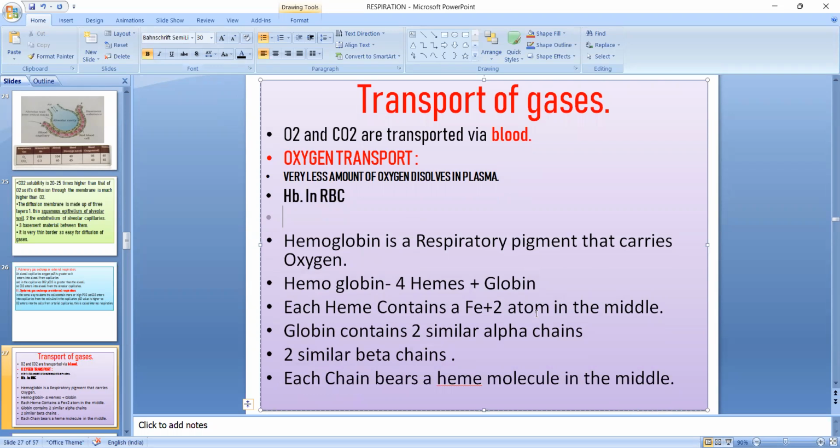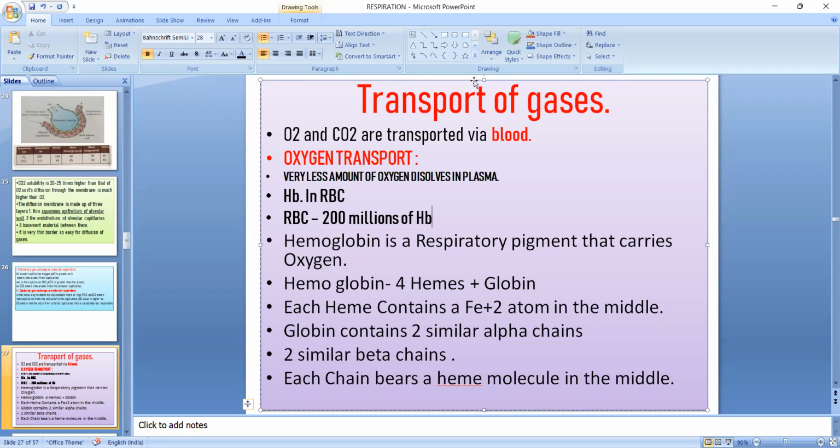So here, what is the RBC and hemoglobin relationship? Simply remember one thing: RBC is meant for carrying the hemoglobin. A single RBC contains almost 200 million Hb molecules.